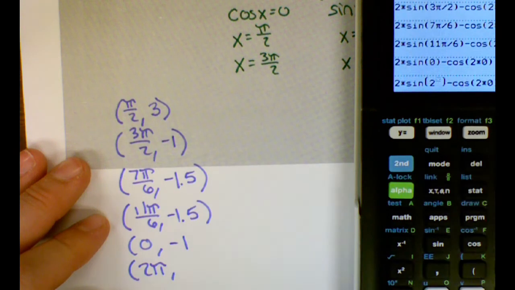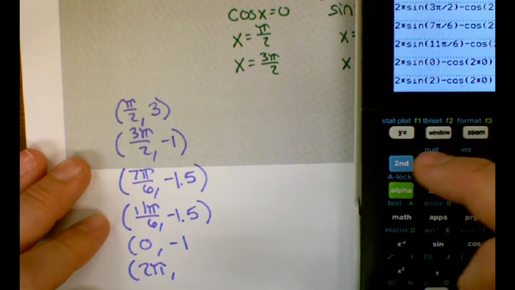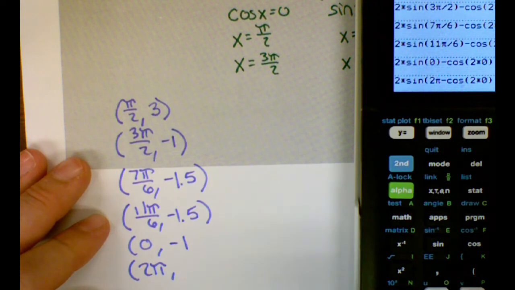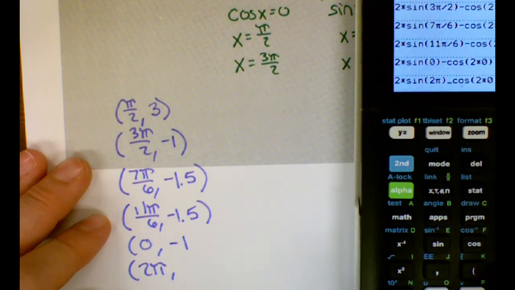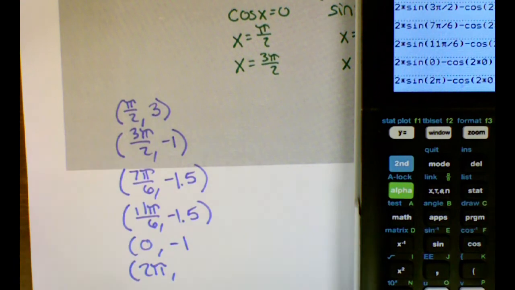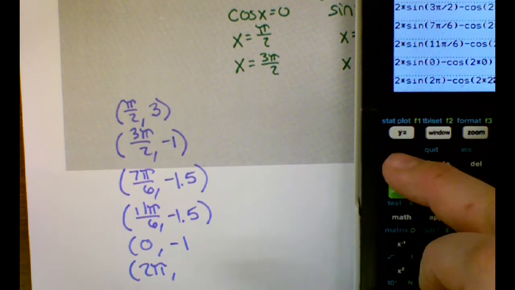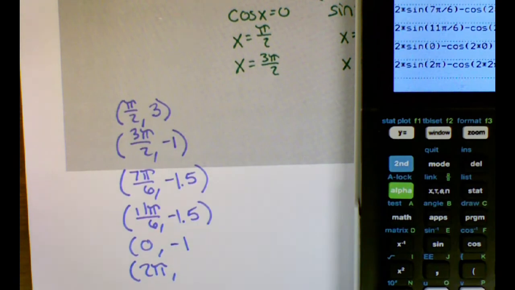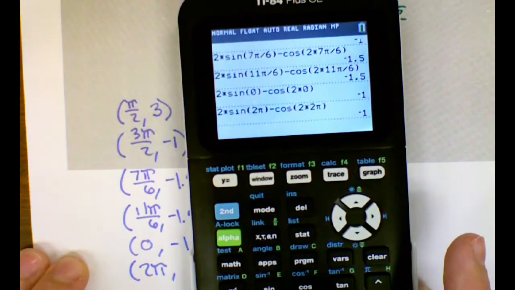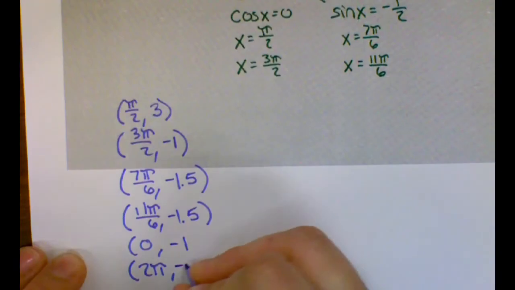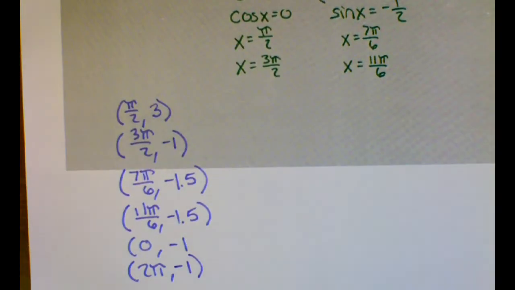If you remember, the value at 0 will be the same as the value at 2 pi, but just to show you, it's also negative 1. So the greatest of these is the maximum.